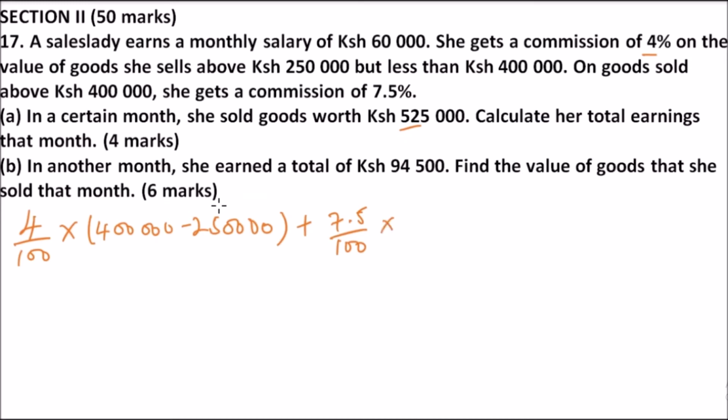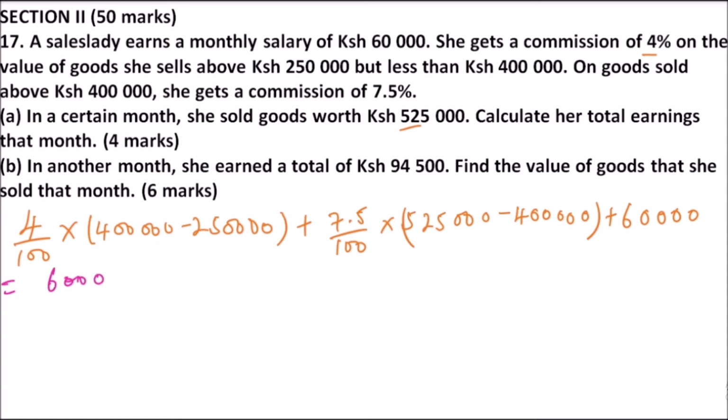you multiply by 525,000 sold, minus 400,000, the first range, and now you then add her salary, which was 60,000. So when you work that out, here you get 6,000.